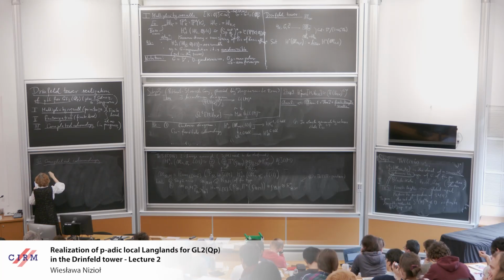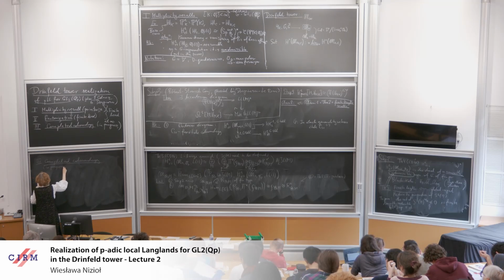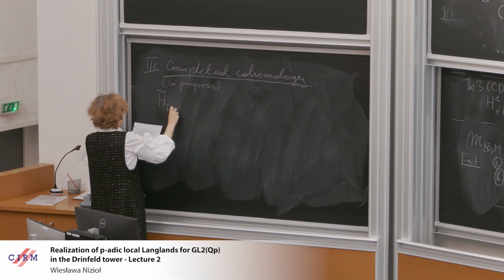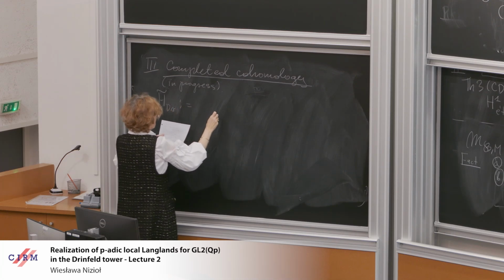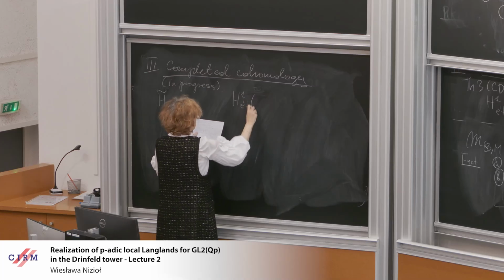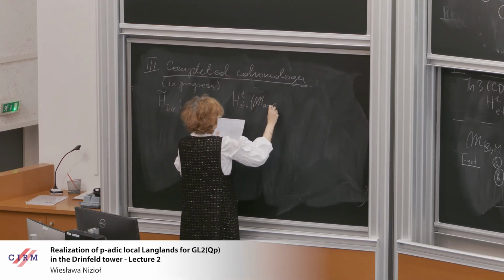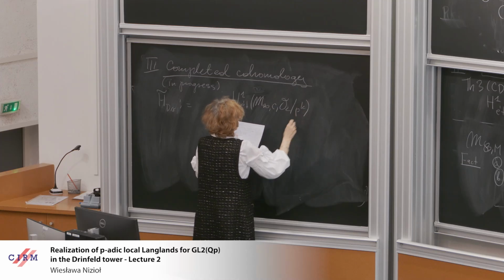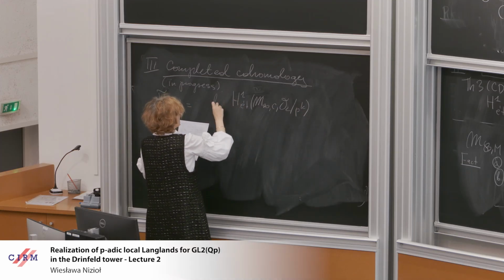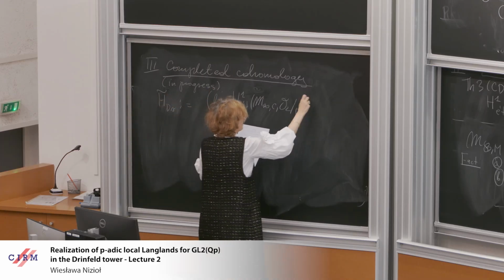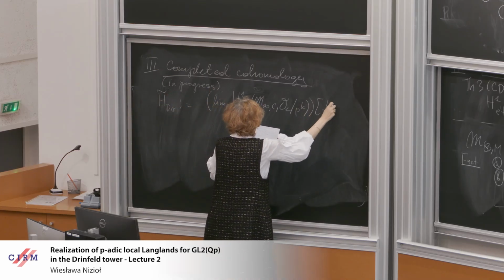All right, so this is in progress. So now we are looking at infinity, let's call it that way. We are looking at etale cohomology at infinity. But torsion, then we complete, invert p.